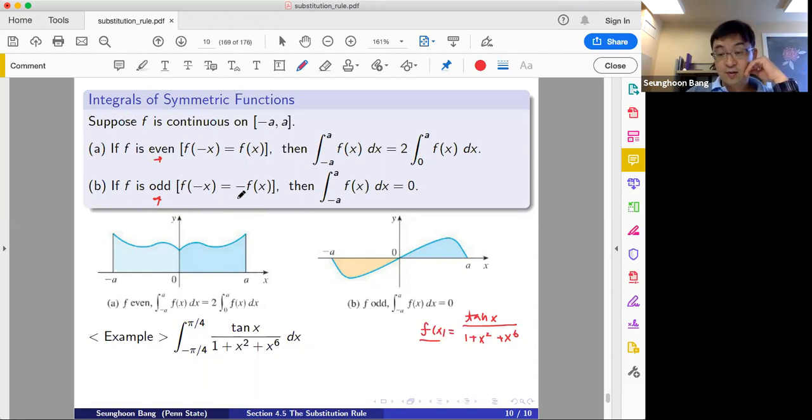So do you know the answer? Even function or odd function? What do you think? Odd function? You're right. So how can you know that? You can calculate f of minus x.